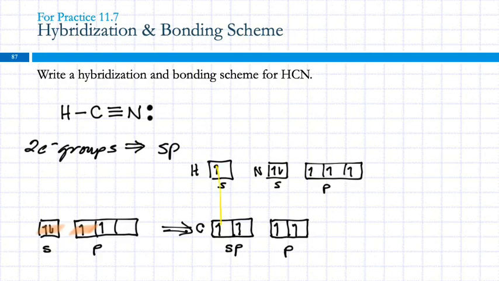We're going to have a bond there. And then I need a sigma bond with the nitrogen. So that's going to be this hybrid orbital and one of those unhybridized p orbitals on the nitrogen.